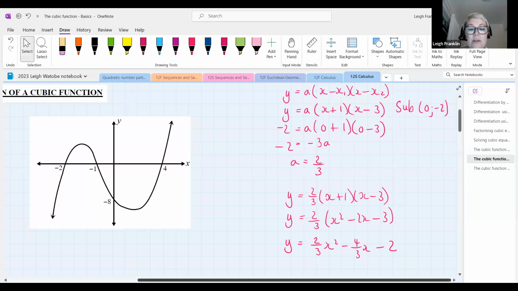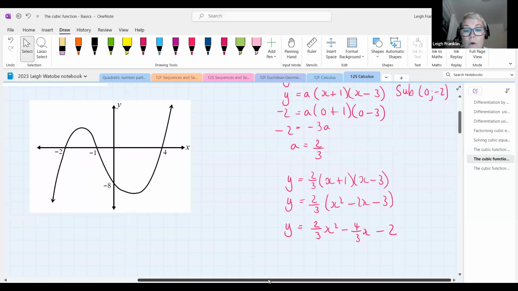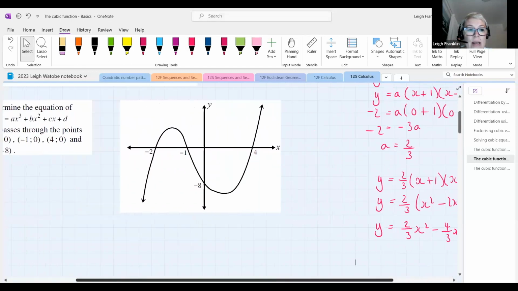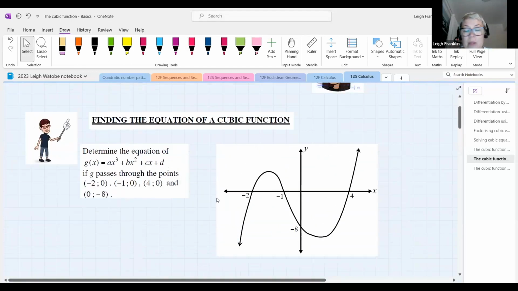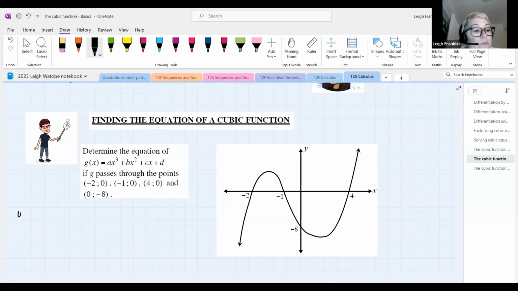As far as a cubic function is concerned, it can have up to 3 distinct x-intercepts. So what we would do in a situation like this one over here is we would say that we can determine the equation when it's been given to us in the form y equals a, x minus x1, x minus x2, x minus x3.